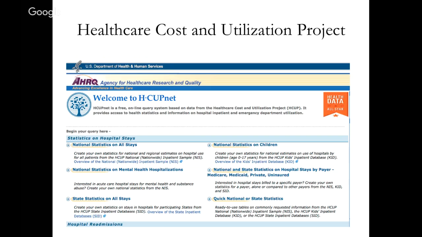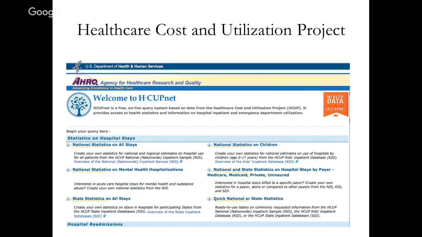Here's a last example before I finish these desiderata. In this example, we're going to talk about a system called HCUPNet. It allows you to dynamically look at tabular summaries that are released by hospitals about the number of patients of a certain type, number of patients discharged in a certain time, and so on.